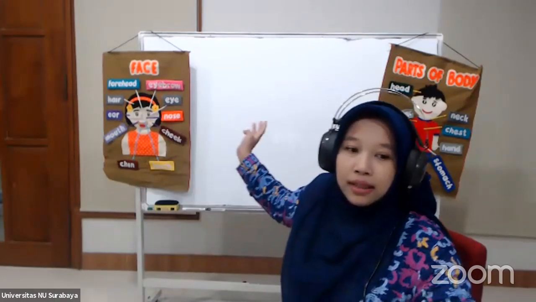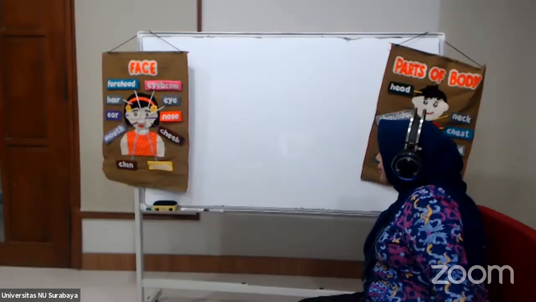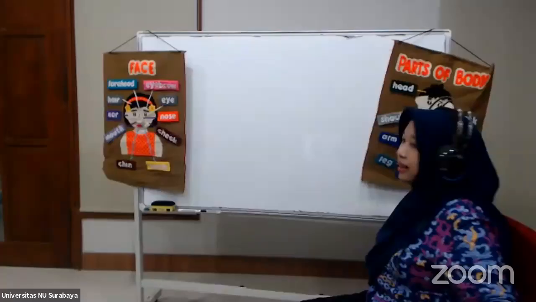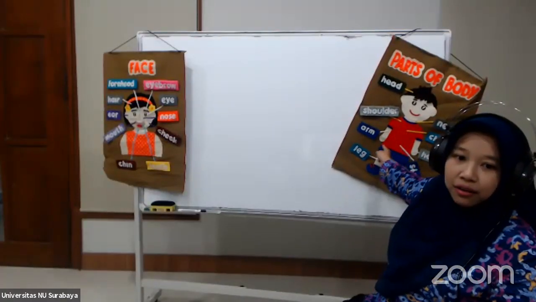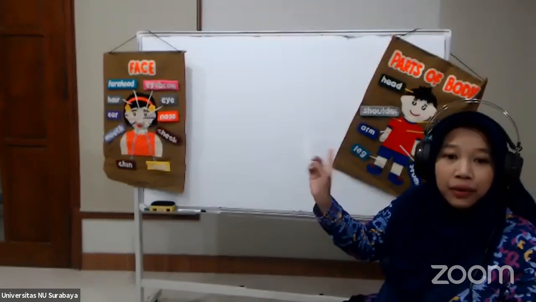Okay, let me help you. Using this flannel picture, you can use colorful pictures, based on your desire. For example, if you look here, the color of the clothes is so bright, I choose red.